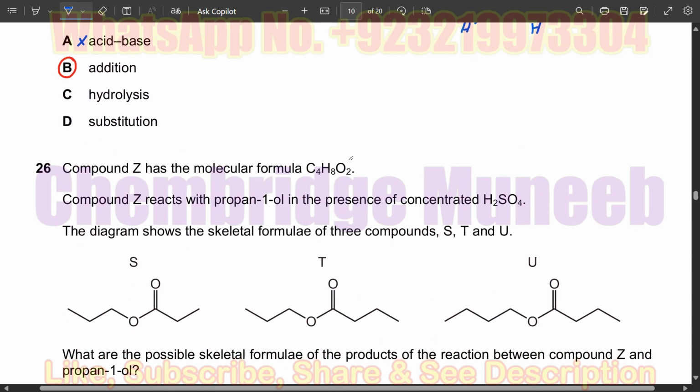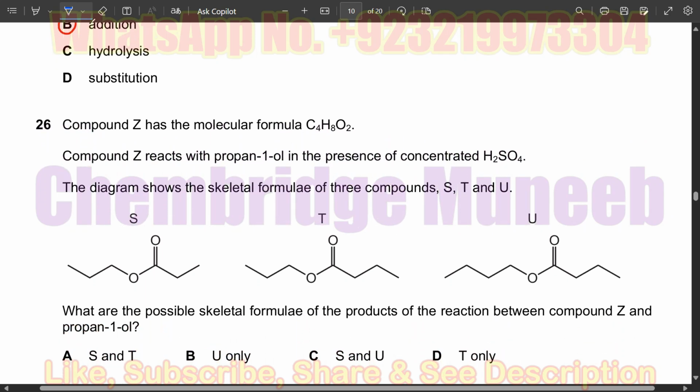Then question number 26. Compound Z has a molecular formula C4H8O2. This is the molecular formula. Compound Z reacts with the propan-1-ol in the presence of the concentrated sulfuric acid, and we are given skeletal formulae of the compounds S, T and U. What are the possible skeletal formula products of the reaction between compound Z and propan-1-ol?